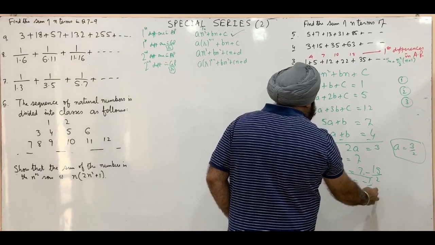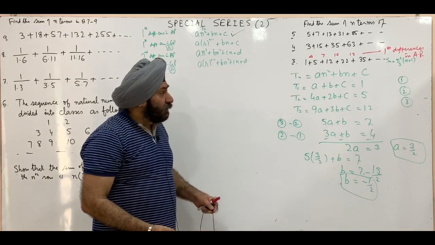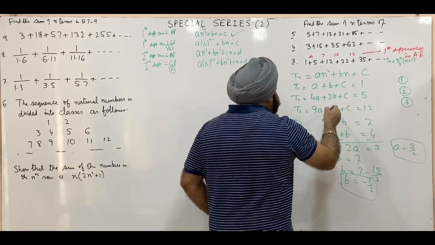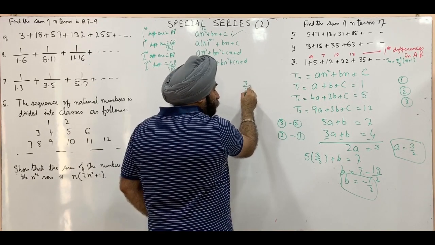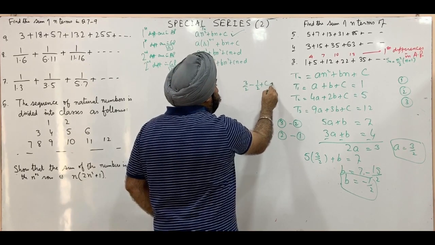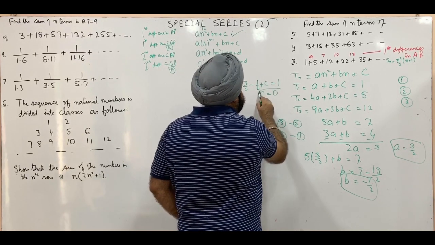So this is b. And to find out value of c, we can use any equation. We use here the first one. A is 3 by 2, b is minus 1 by 2, plus c is equal to 1. This gives us c equal to 0.